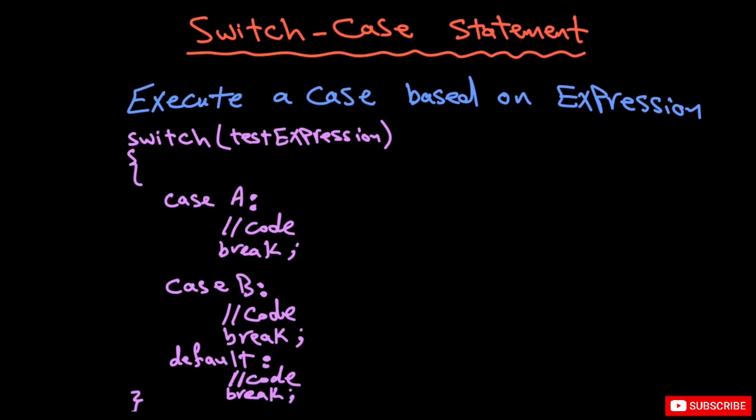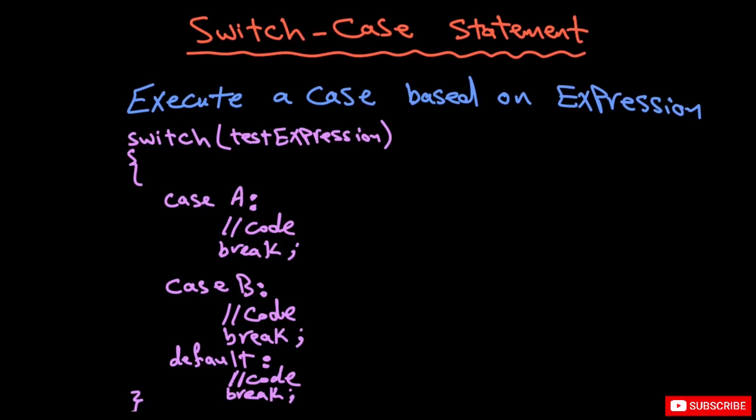If the test expression matches this case, the program will execute the body of this case, the code from inside case B. And after that, you can see the break statement to break the program if this case matches the test expression. And if all the previous cases are false, the program will execute the body of the default case and break after that.